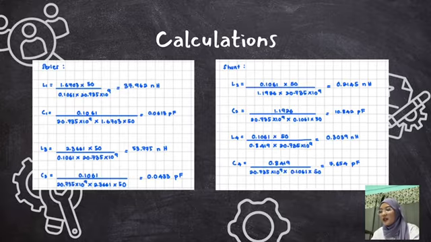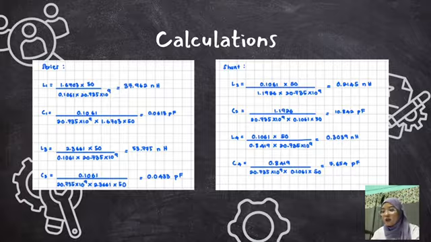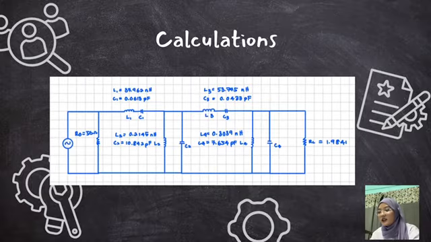For the series, L1 equal to 37.962 nanohenry, C1 equal to 0.0613 picofarad, L3 equal to 53.775 nanohenry, C3 equal to 0.0433 picofarad. For the shunt, L2 equal to 0.2145 nanohenry, C2 equal to 10.843 picofarad, L4 equal to 0.3039 nanohenry, C4 equal to 7.654 picofarad. This is the circuit of the bandpass filter.